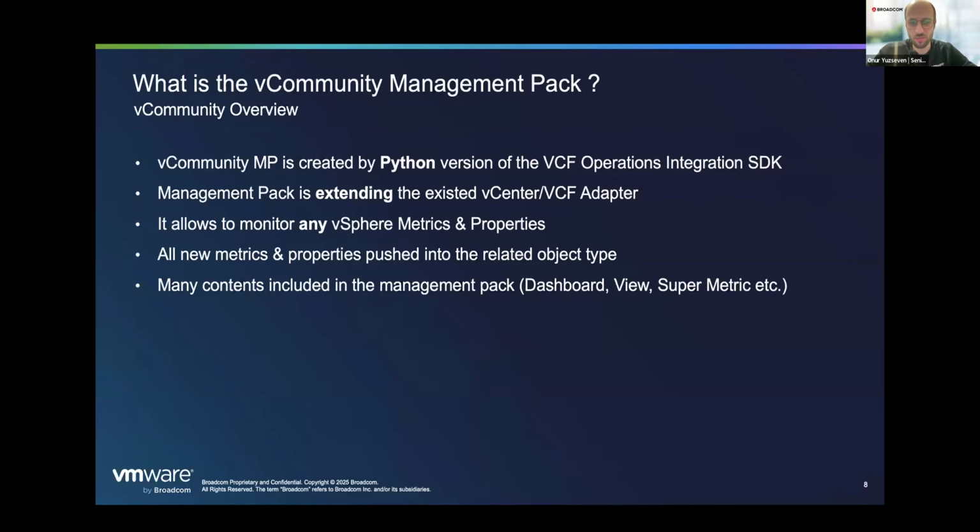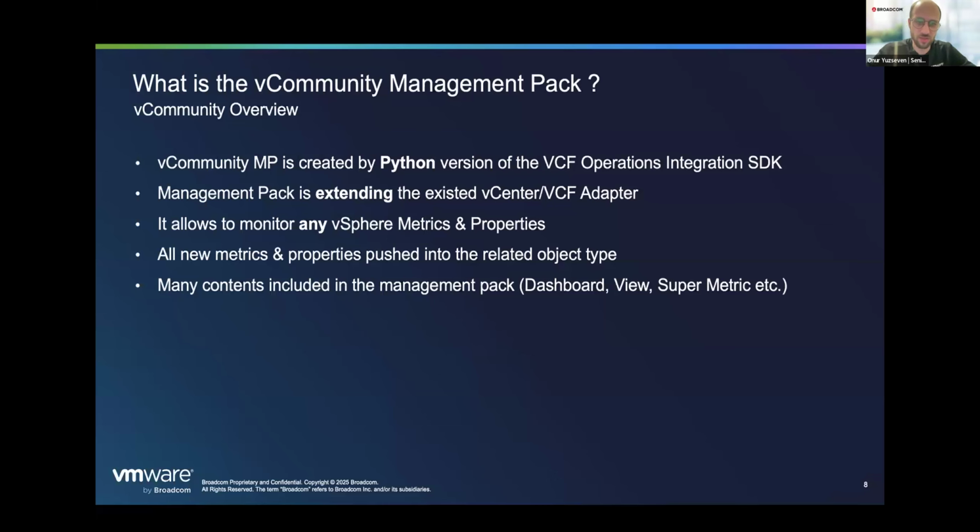Also, it allows us to monitor any vSphere metrics and properties if they are in the vCenter API. So if we can see any metric or property, we can easily create some logical conditions and push another new metric for your environment. It can be your virtual switch, virtual machine, cluster, or data center. You can work with any object type.